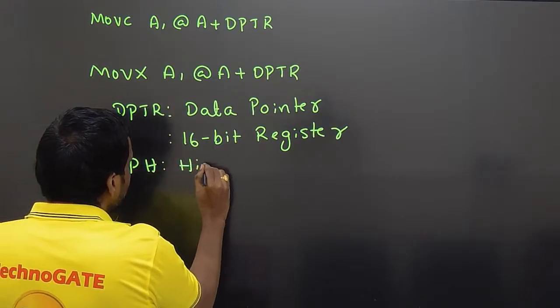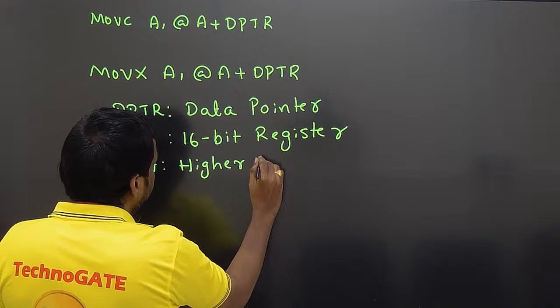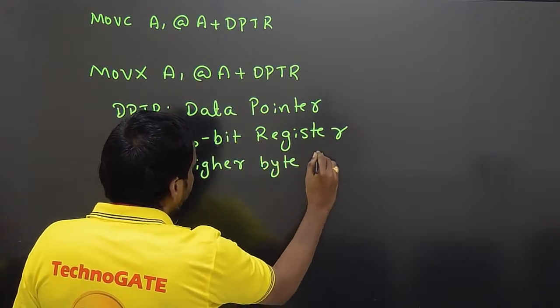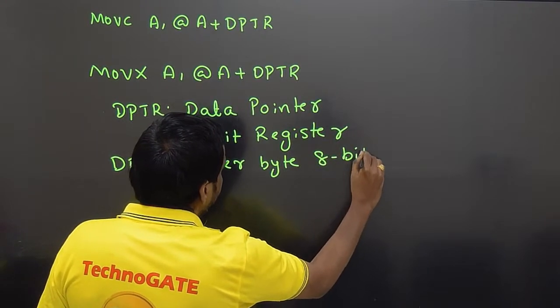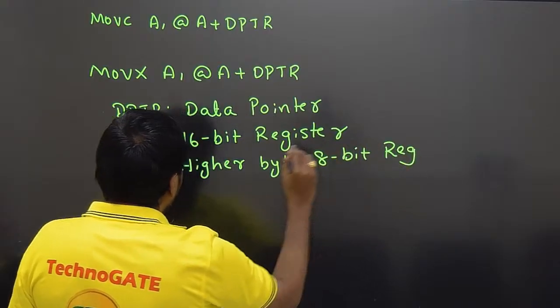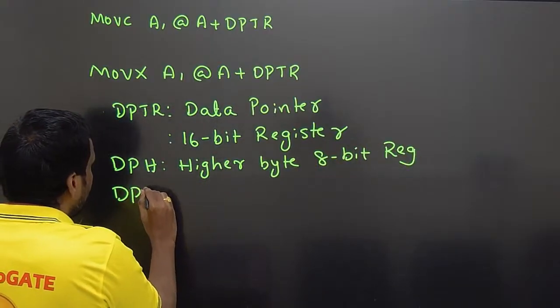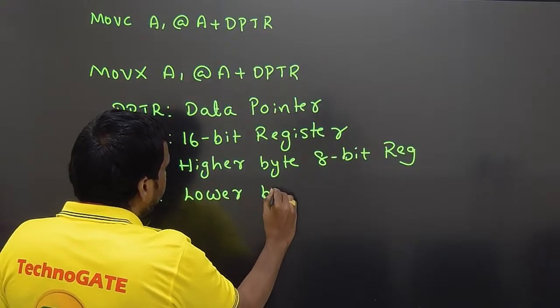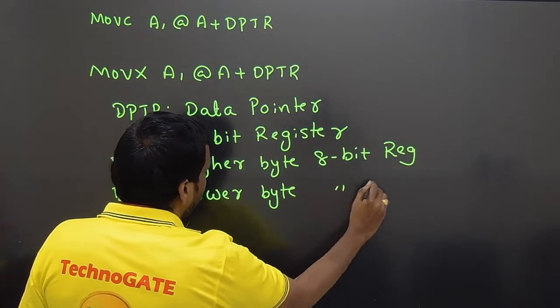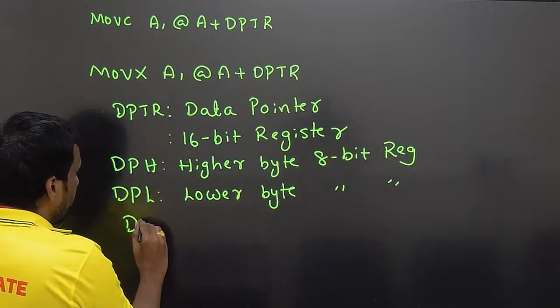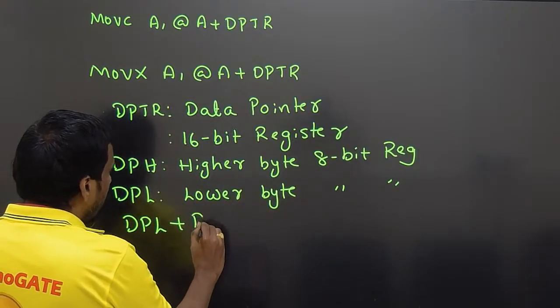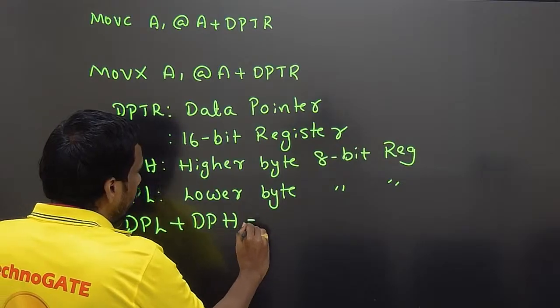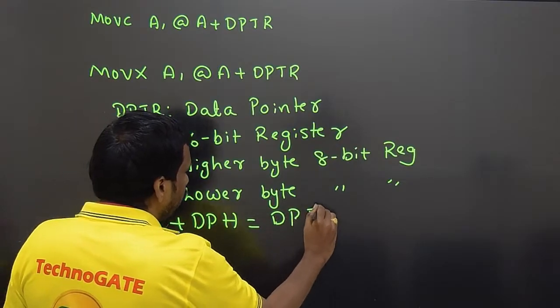Higher byte register, an 8-bit register, and DPL is the lower byte, 8-bit register. So DPL plus DPH is equal to DPTR.